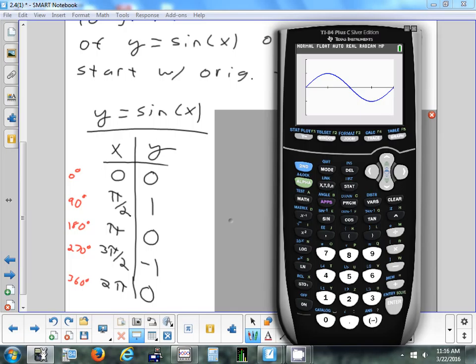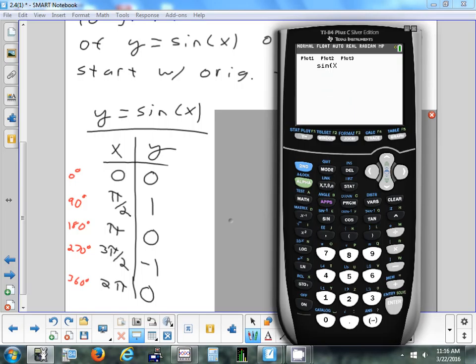When you're at 90 degrees, that's right here. That's the highest value you ever hit, or 1. When you get to pi, you're back at 0. 270 is right there. That's the lowest. And 360, or 2 pi, that's back to 0. So that's your table for sine.